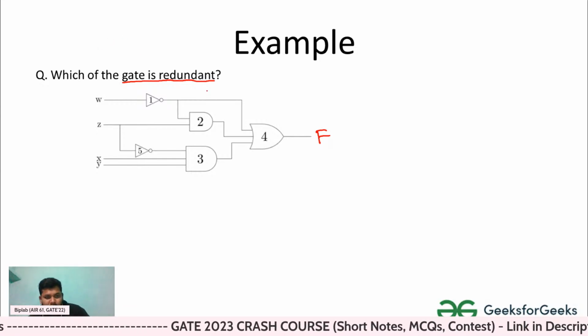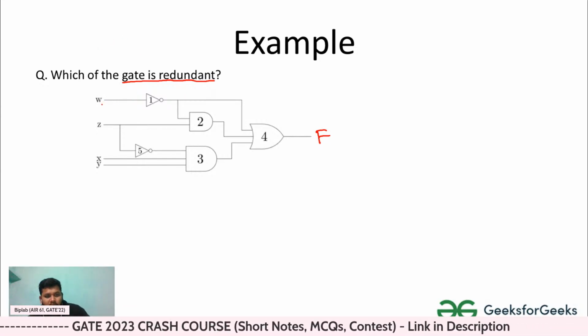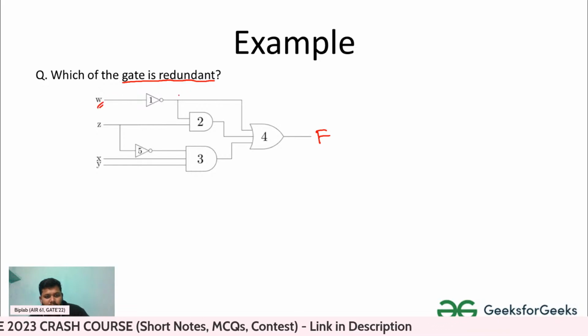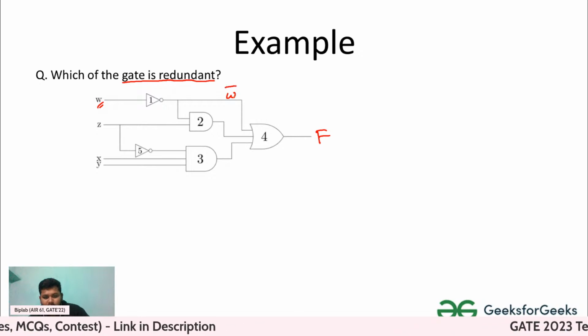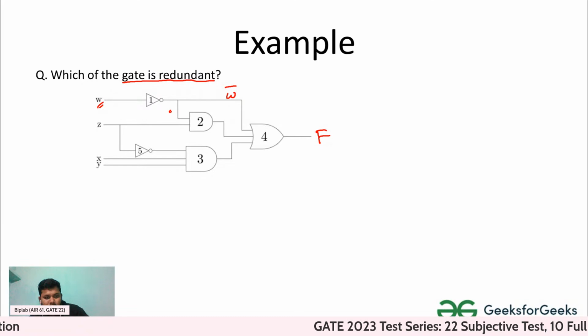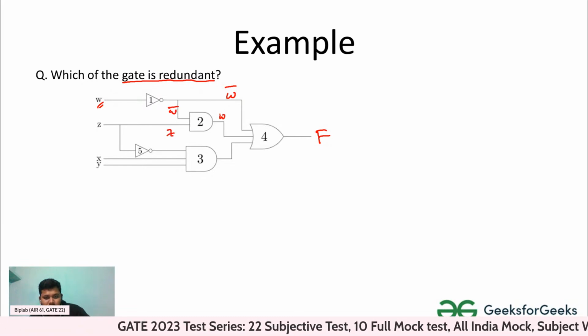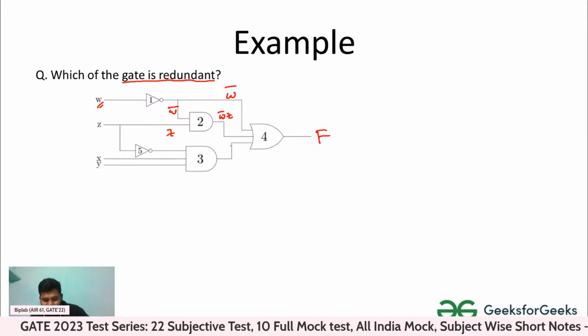Okay, let me forward a little bit. You have W at the input, so the output of this NOT gate will be W bar. You have Z here and W bar here, so you will have W bar Z.